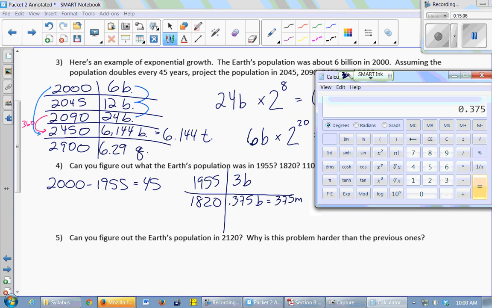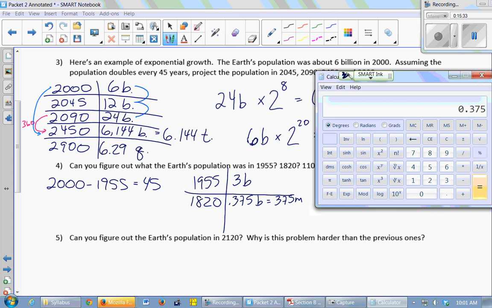Populations generally cannot maintain this rate of growth because there are only so many resources and only so much space. So a population like the Earth's might look like it's growing exponentially for a while, but it can't maintain that, and it actually grows according to something called the logistic growth model. And we'll talk about it at the end of this class.